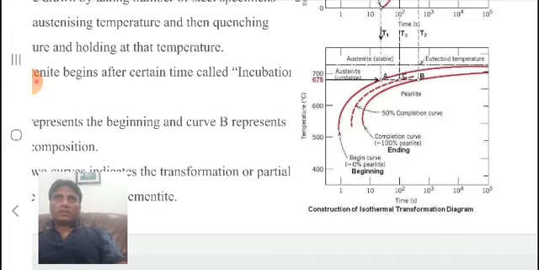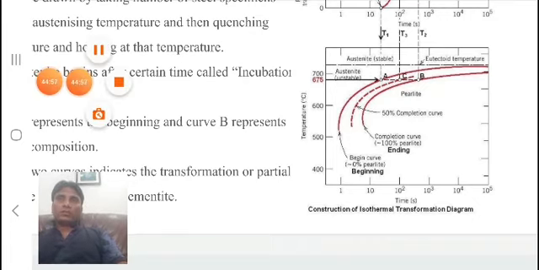In TTT curves we get two curves. One curve indicates the beginning of the austenitic transformation, and the second curve indicates the ending of the transformation of the austenite. So once these two curves are constructed, then it is easy for n number of steels to get the required microstructure based on the TTT curve.